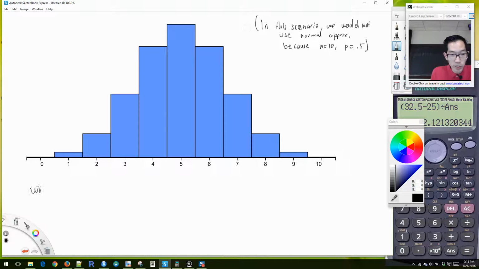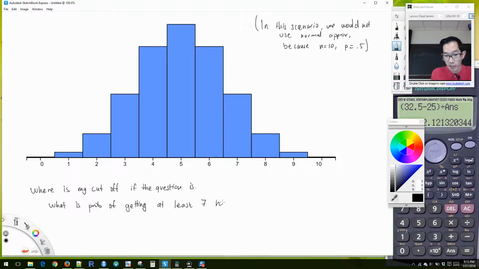So where would I cut? Where is my cutoff? If the question is: what is the probability of getting at least 7 heads? What is the probability of getting at most 5 heads?